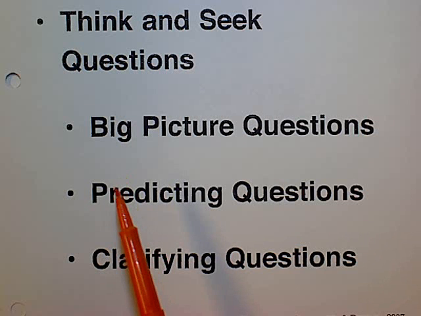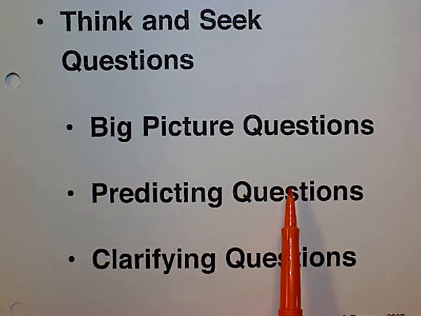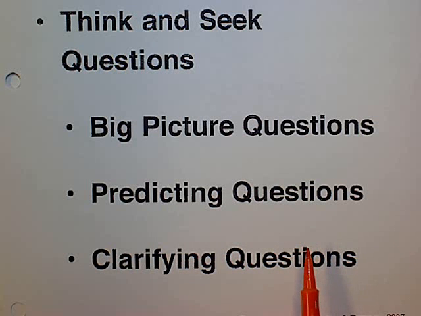Okay, let me back up a little bit. I apologize. So infer is taking on what you know. There are 3 types of questions. They're called big picture questions, predicting questions, and clarifying questions. Each one of these types of questions has a code letter associated with it. For example, the code letter for factual question would be F.